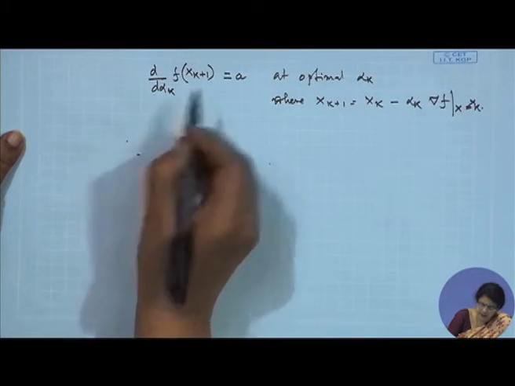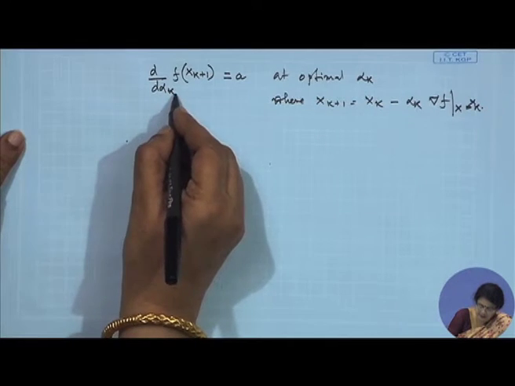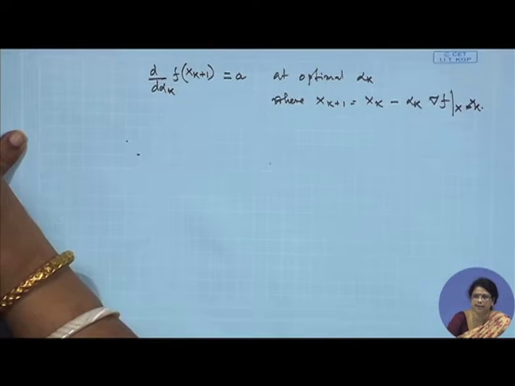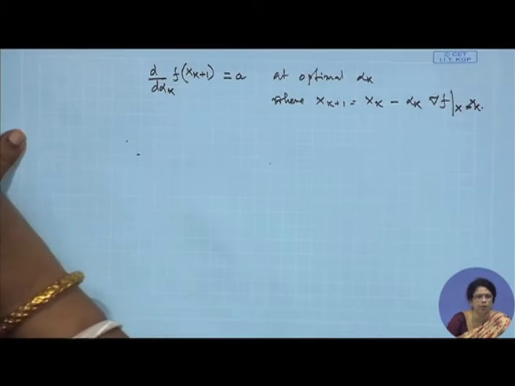Now, you see, x is a vector, there are several components for x, we can have n number of components there.